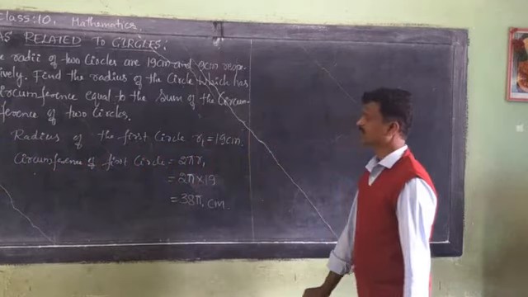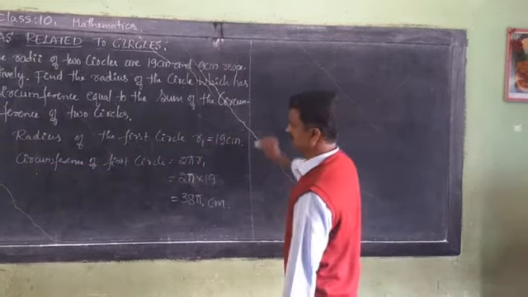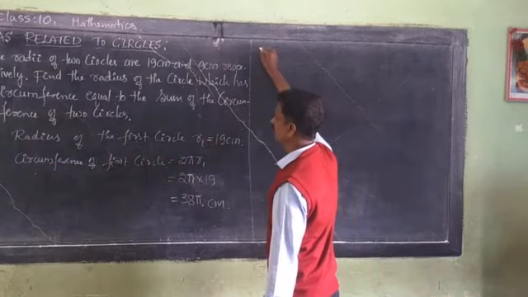Then the circumference of the second circle is given by 2 pi R2.